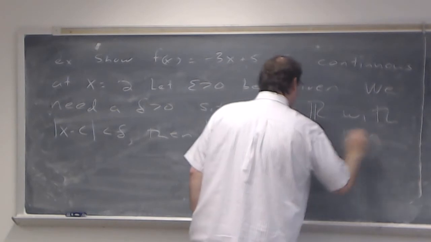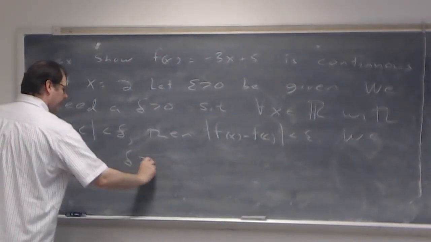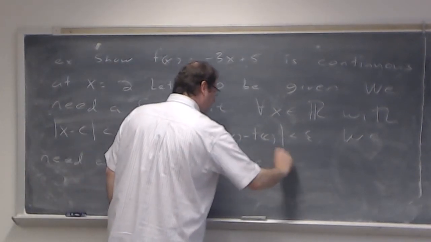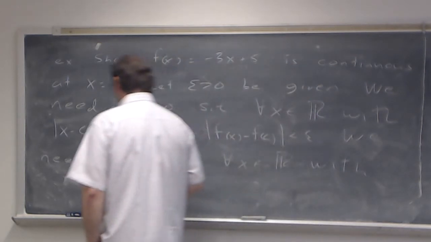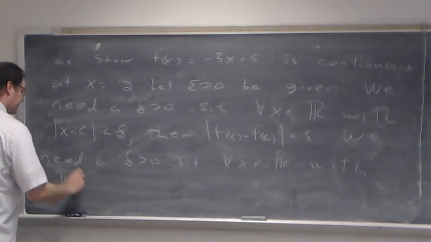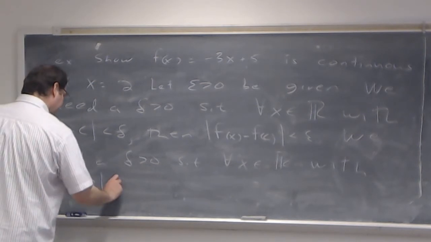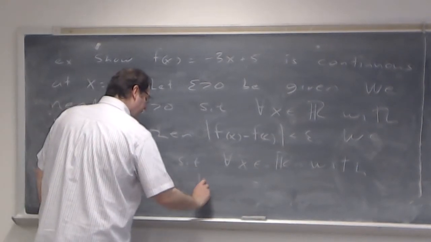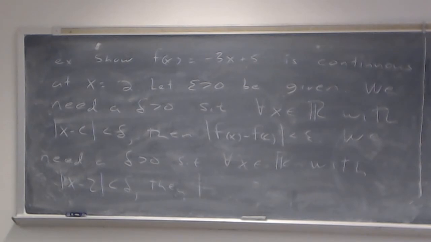That is, we need a delta, so for the particulars of this problem, such that for all x element of R with x minus, what's c? 2. Being less than delta, then f of x, what's f of x? We write it in terms of x.